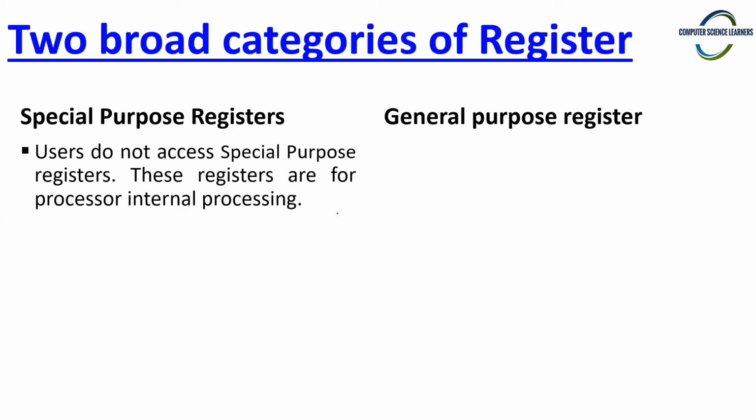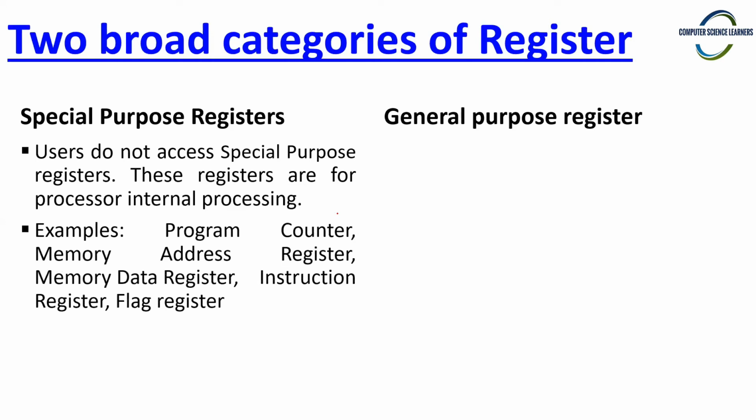For example, we have the program counter, which stores the address of the next instruction which is going to be executed. Similarly, we have memory address register, memory data register, instruction register, flag register. We'll discuss the specific functionality of these registers.